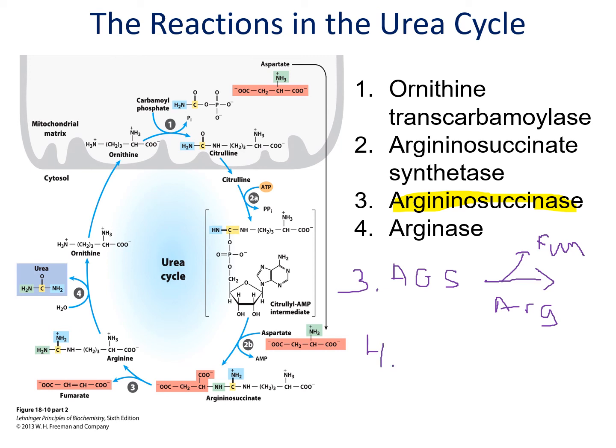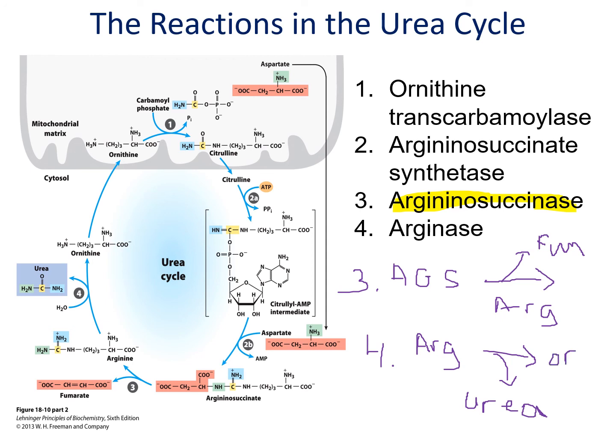We started with our arginine, and we're going to utilize our arginase, and we're going to lose a urea. Urea is a very simple molecule. It's in your urine. It makes it yellow. That's what it's for. We can excrete that out of the body, and what's left in the cycle is our ornithine.